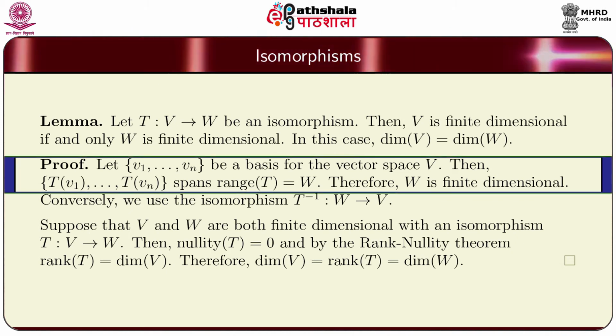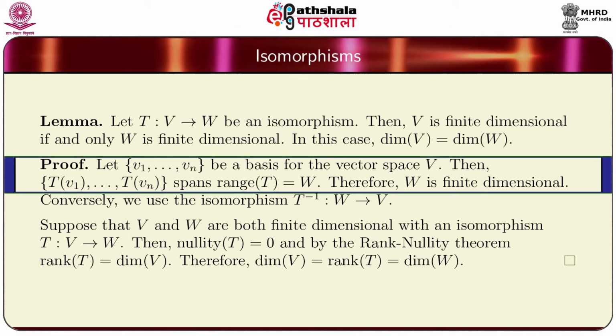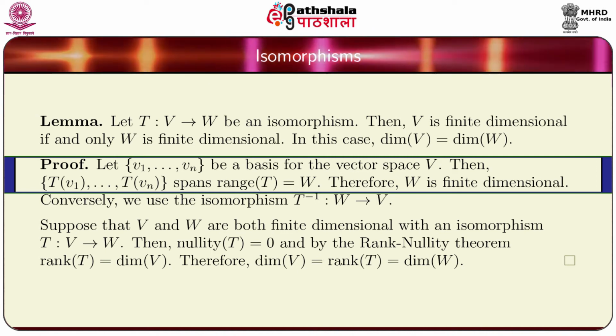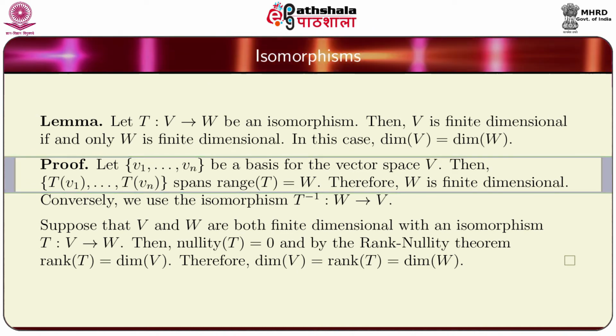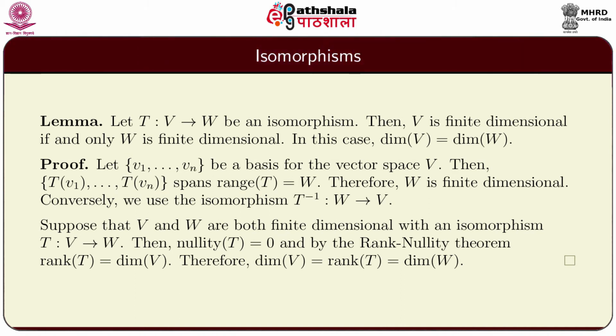Let us start with a basis v1, v2, up to vn for the vector space V. We have seen before that Tv1, Tv2 and so on up to Tvn, this set spans the range of T, which is W. Why? Because T is an isomorphism, therefore it is onto and therefore range of T is W. We therefore have a finite spanning set for the vector space W and therefore it is finite dimensional.